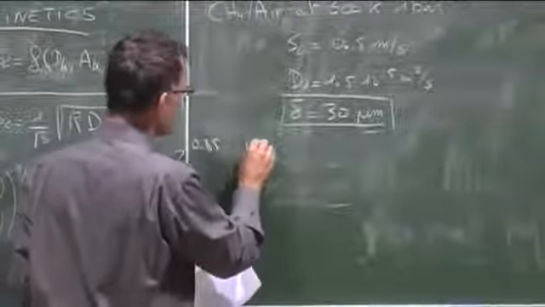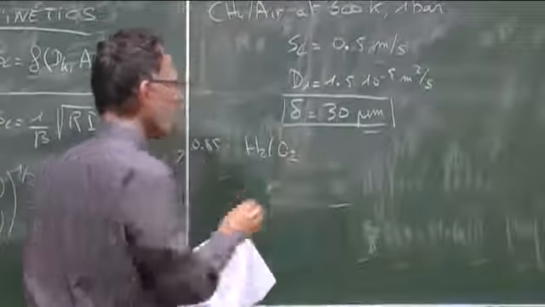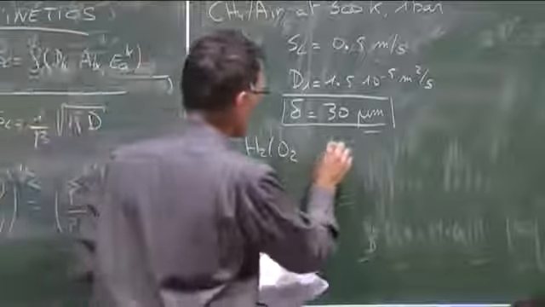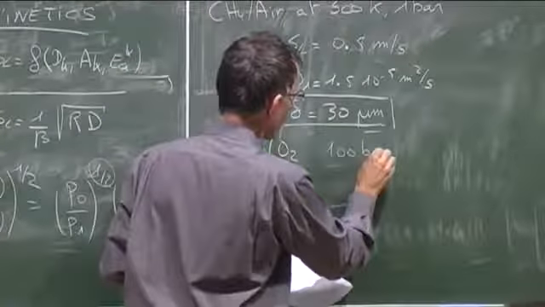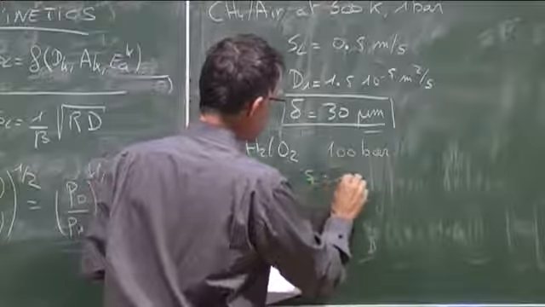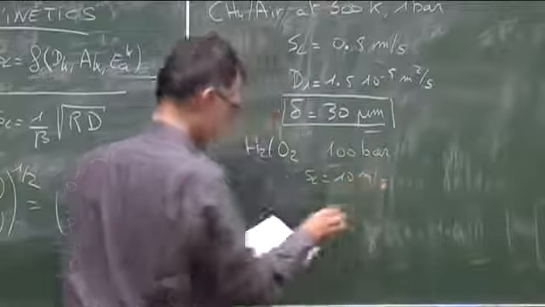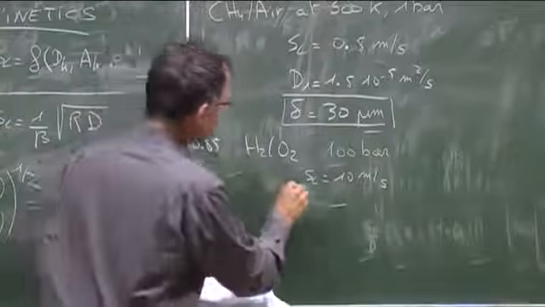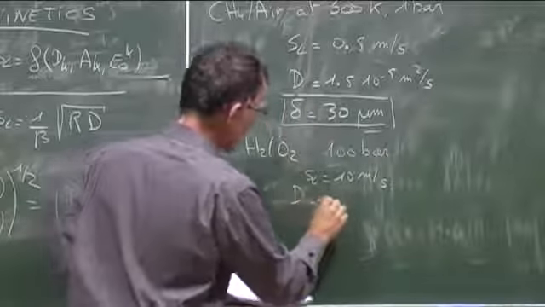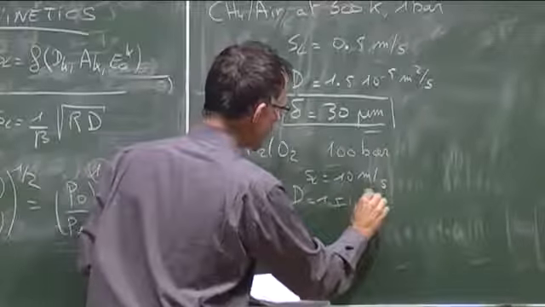If you go to H2O2, what you have, for example, in a rocket engine, at 100 bar, here typically the flame speed is 10 meters per second. The diffusion coefficient D, I call it D1, is much smaller. It's 1.5 10 to the minus 7.